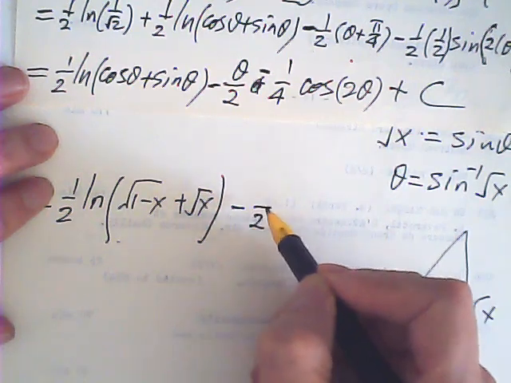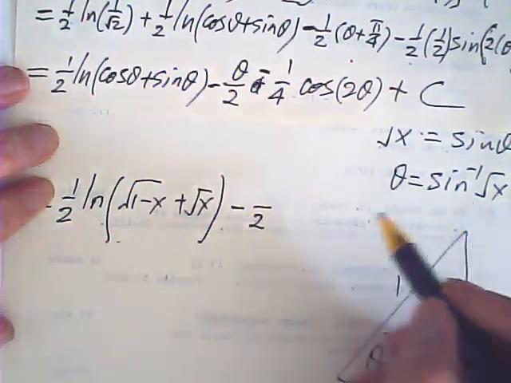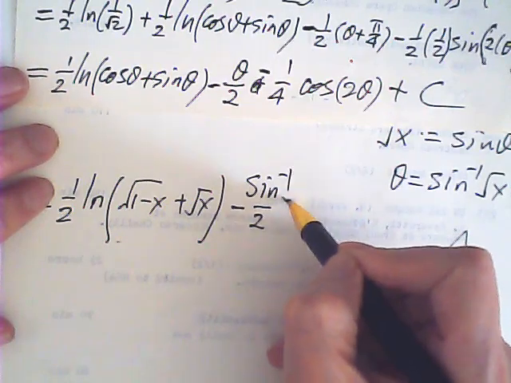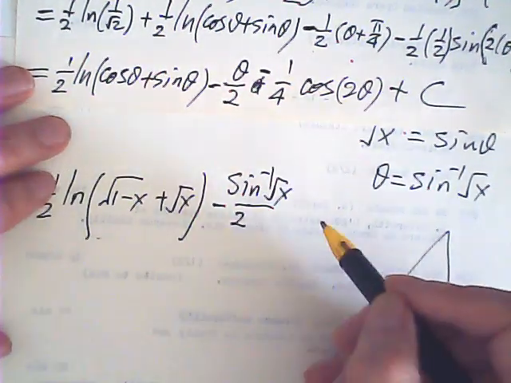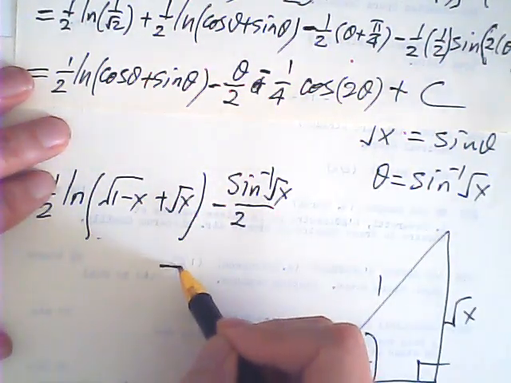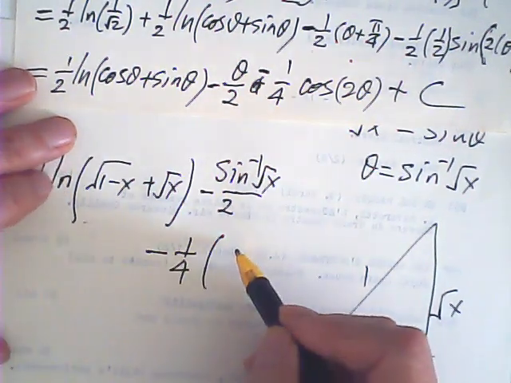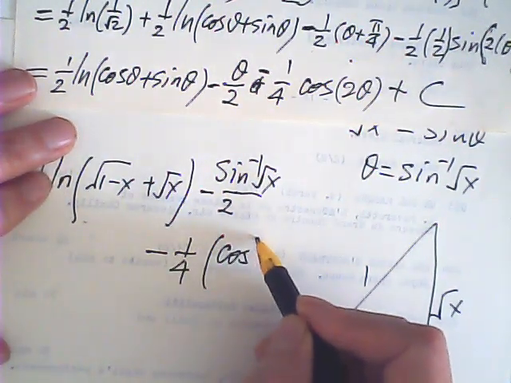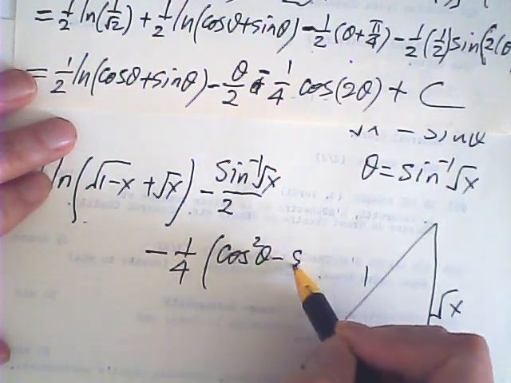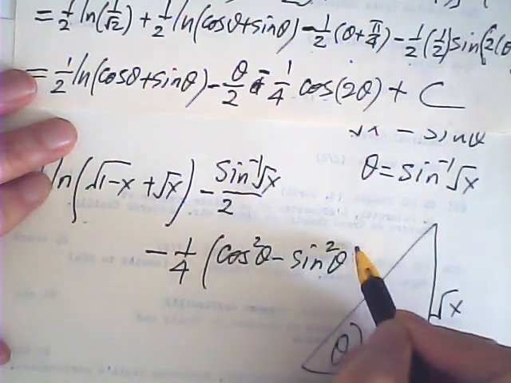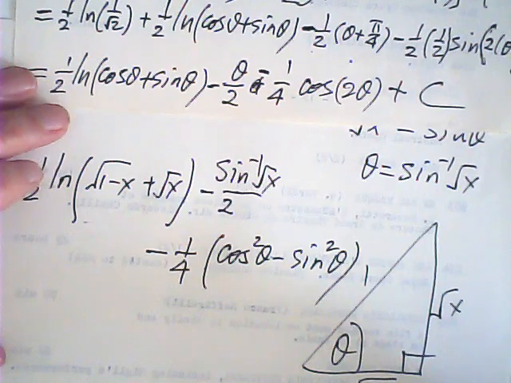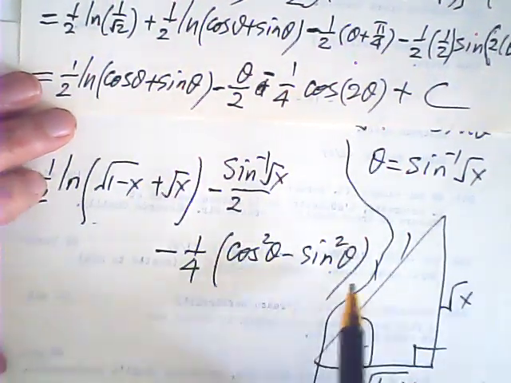Minus half theta is arc sine root x minus 1/4 cosine 2 theta. Cosine 2 theta is cosine square minus sine square, right? Isn't it? Okay, good.